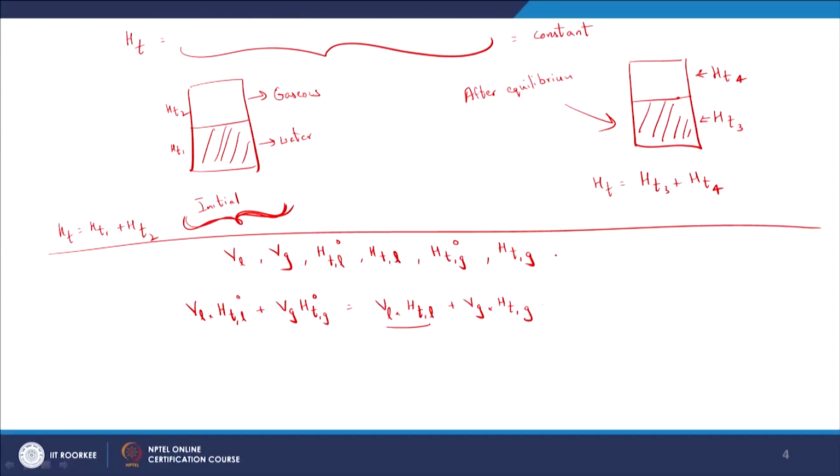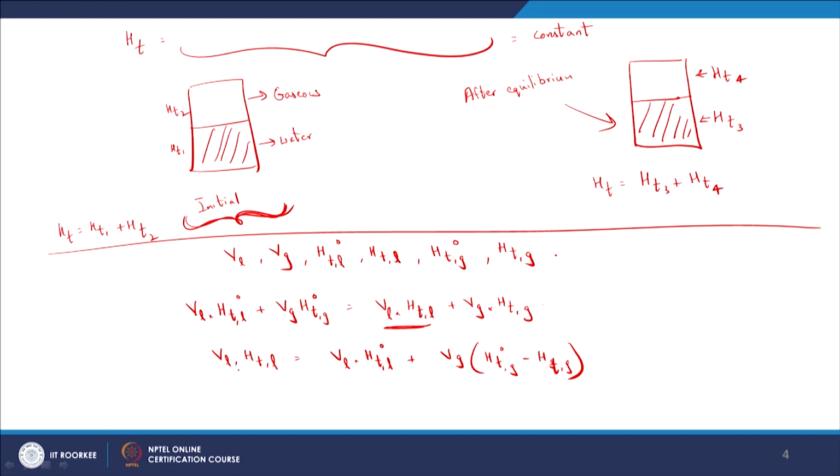Let us go ahead. I am more or less interested in H total here. So I am going to have that term: VL times H total in the aqueous phase at equilibrium is equal to VL times H total in the aqueous phase initially, plus volume of the gas times H total in the gaseous phase initially minus H total in the gaseous phase at equilibrium.